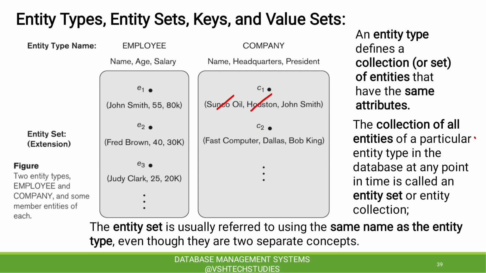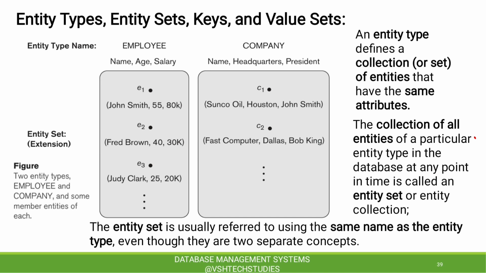Sunco Oil, Houston and John Smith are the values for the name, headquarters and president attributes of company entity C1. Fast Computer, Dallas and Bob King are the values for company entity C2.